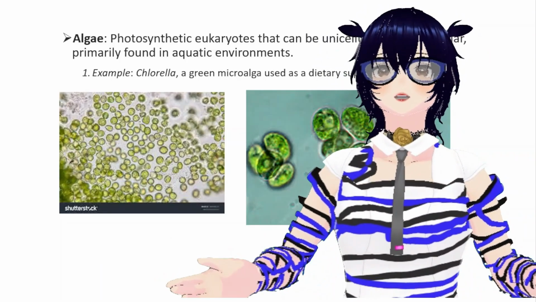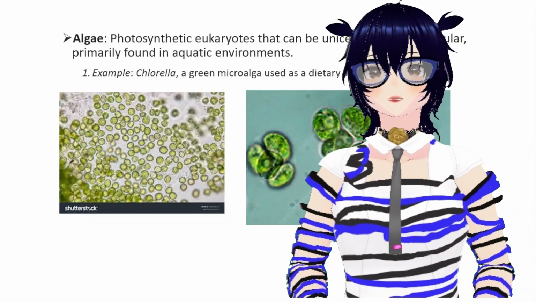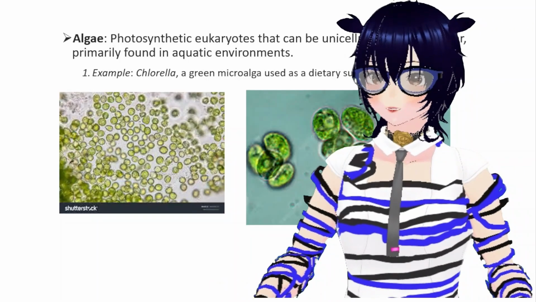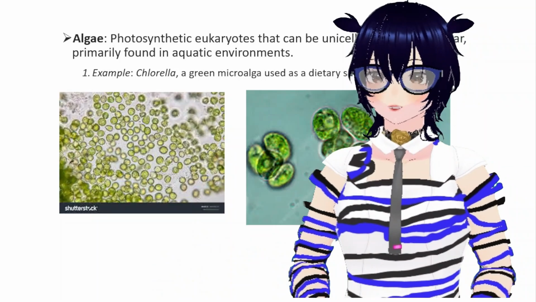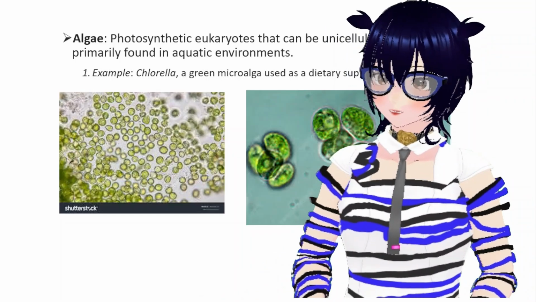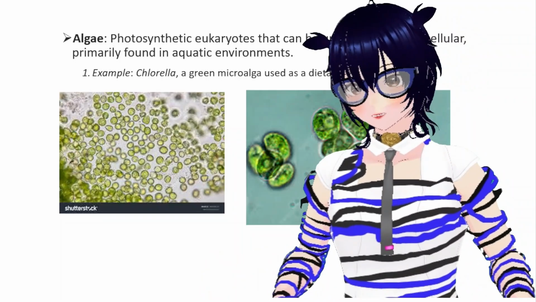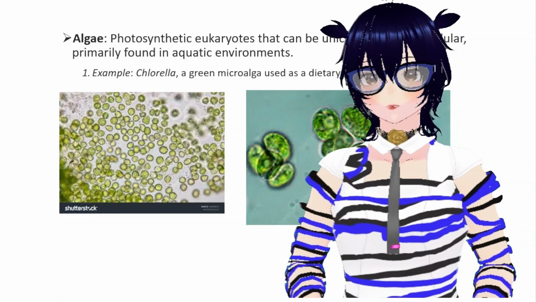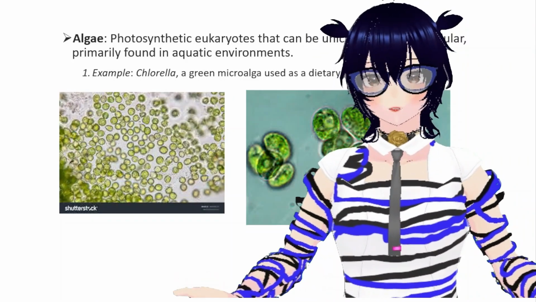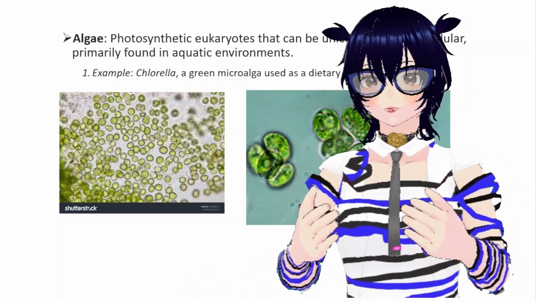So the algae that is given in this example, chlorella, is a dietary supplement. Well, as you can see, it's green, so of course it's producing oxygen. Well, not every green can produce it, but I think in algae cases, the green algae all produce the oxygen. So it is used as a dietary supplement because it has nutrients.